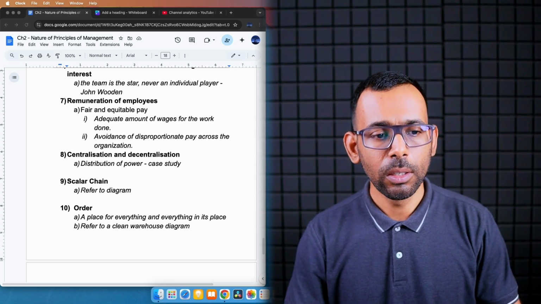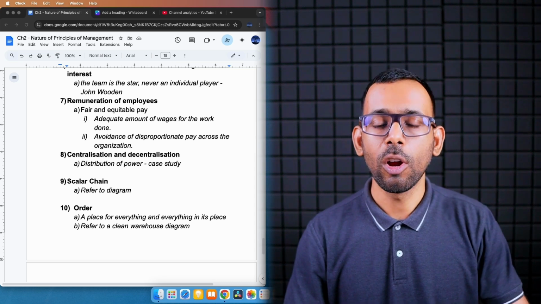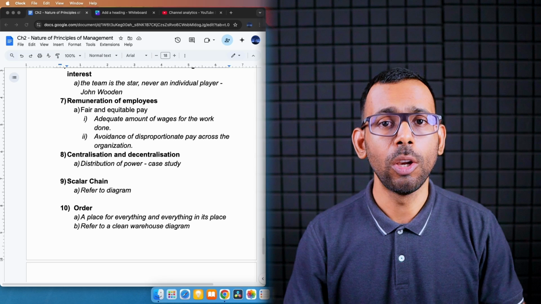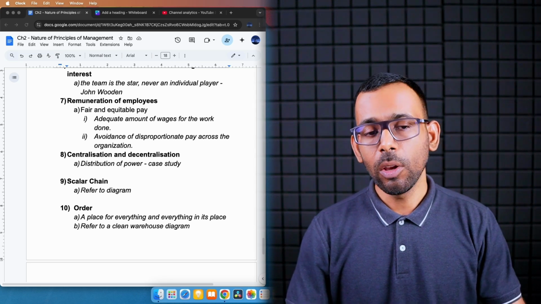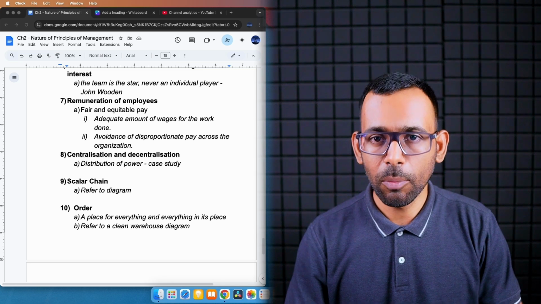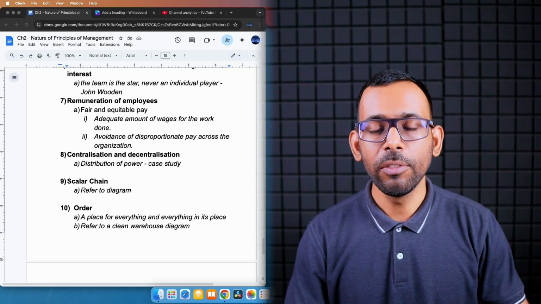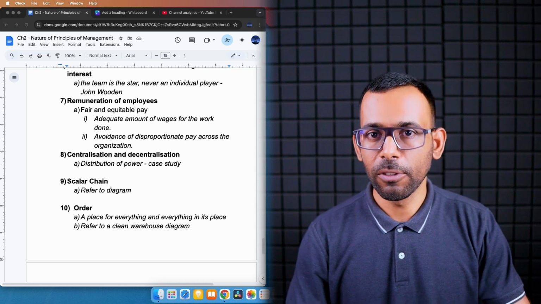It will not give good returns to the company in the long run. So Fayol advocates that if the worker is giving you a great amount of output, reward the worker adequately and give them a fair wage. So that's the first point.